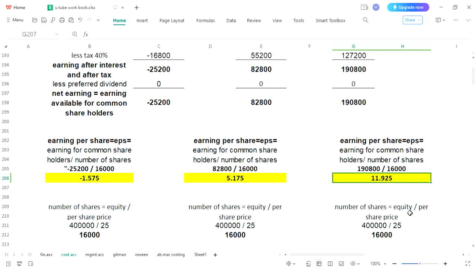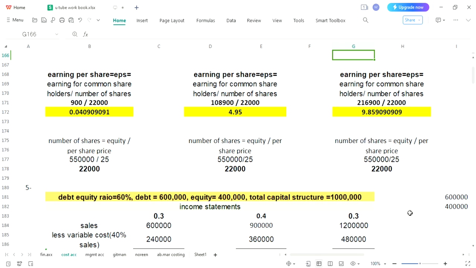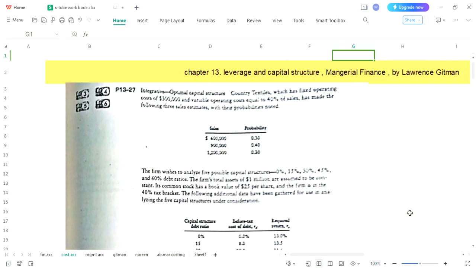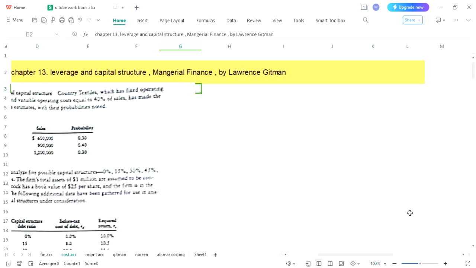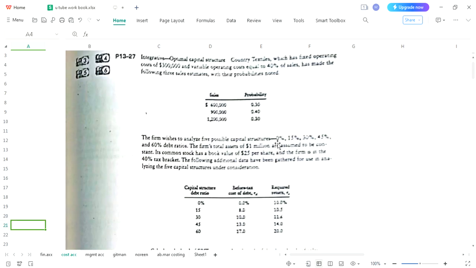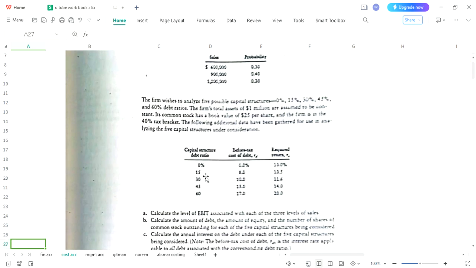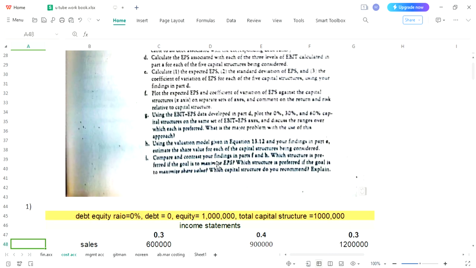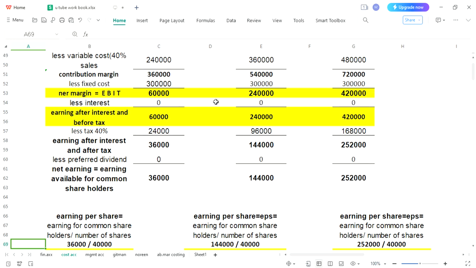So guys, have you seen that there were 5 parts? How? Because we had 3 different probabilities, and we had 5 different options of capital structure. So these 3 probabilities were used for each capital structure. For the first, 0% debt equity ratio, 3 income statements were made.